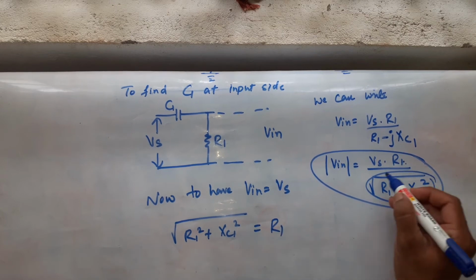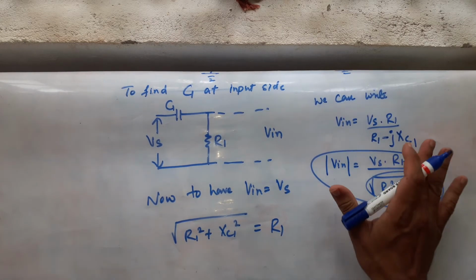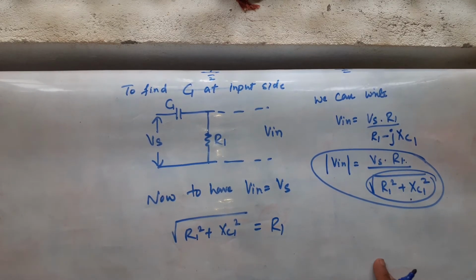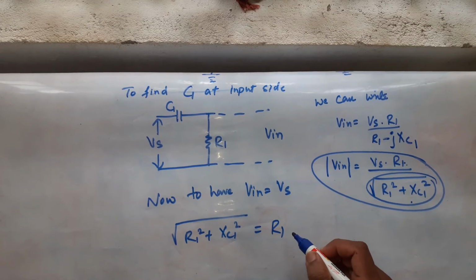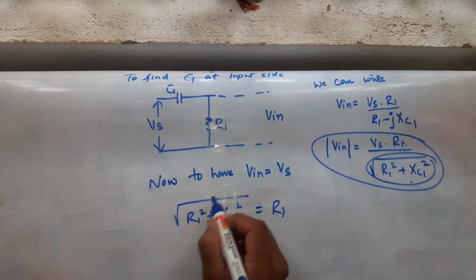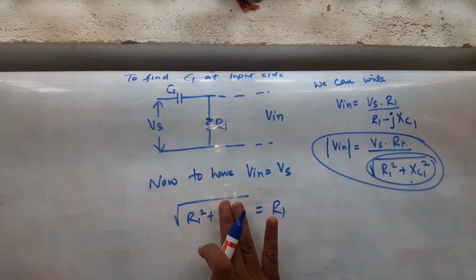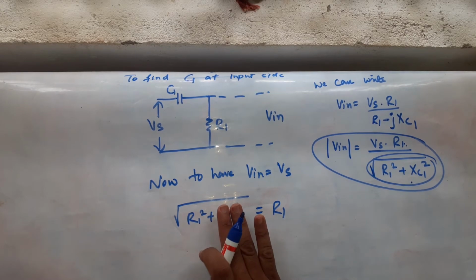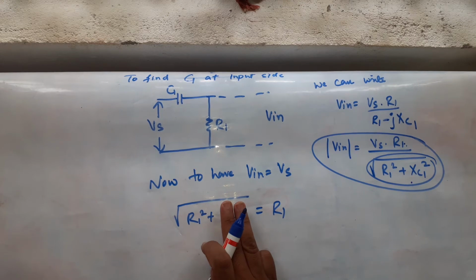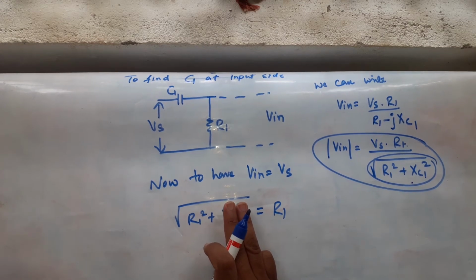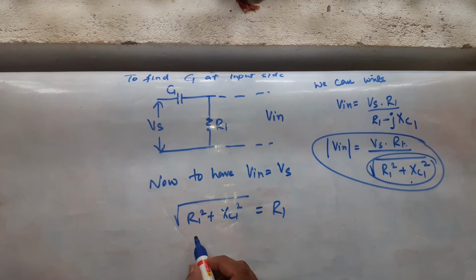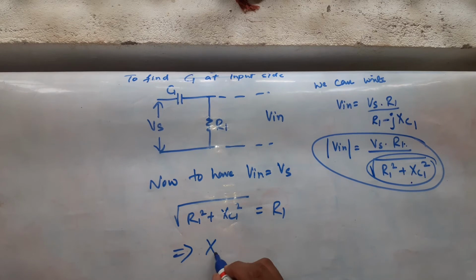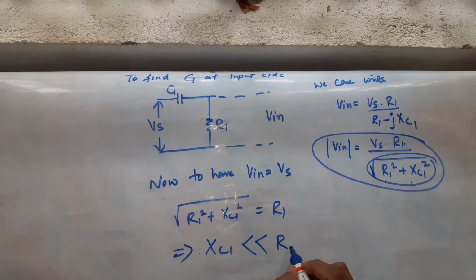If this whole term becomes equal to R1, then R1 and R1 get cancelled and I am left with only Vin equal to Vs. For this to be achieved, the XC1 squared term should become very small compared to R1, so that if I ignore it I am only left with R1.